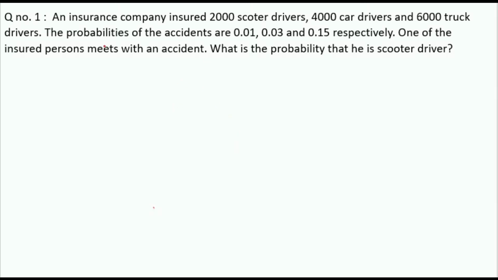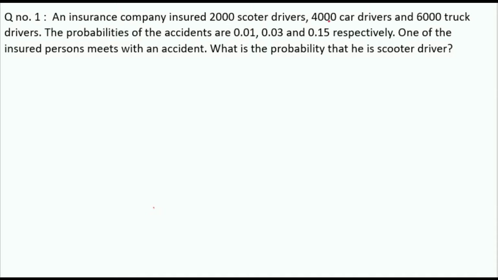Here we have an insurance company which insured 2,000 scooter drivers, 4,000 car drivers and 6,000 truck drivers. Insurance company is giving insurance to them. The insurance company knows that the probability that a scooter will have an accident is 0.01.